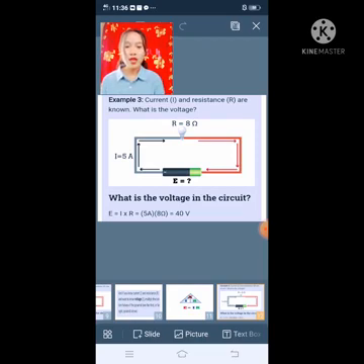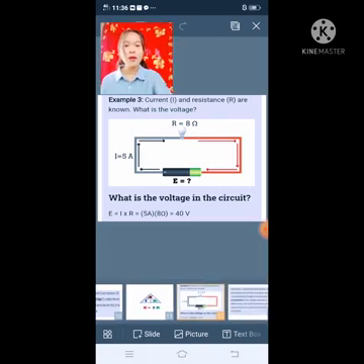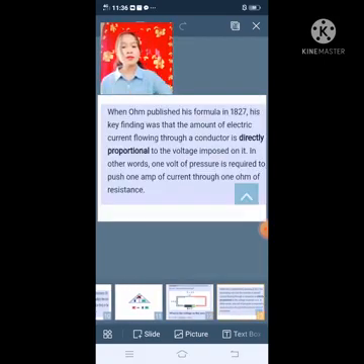So the value of our voltage here is 40. So, that is the formula on how to calculate the resistance, current, and voltage in a circuit.